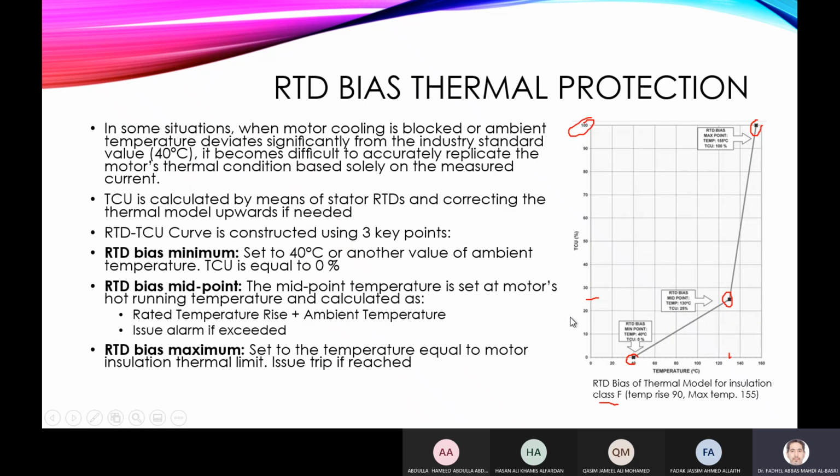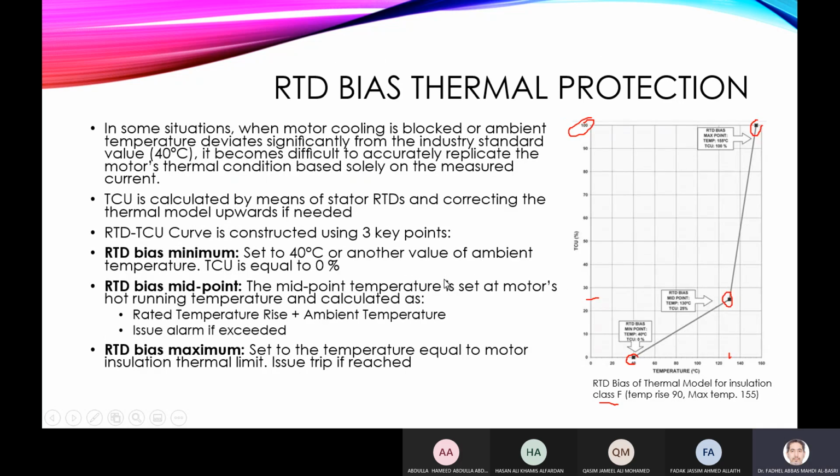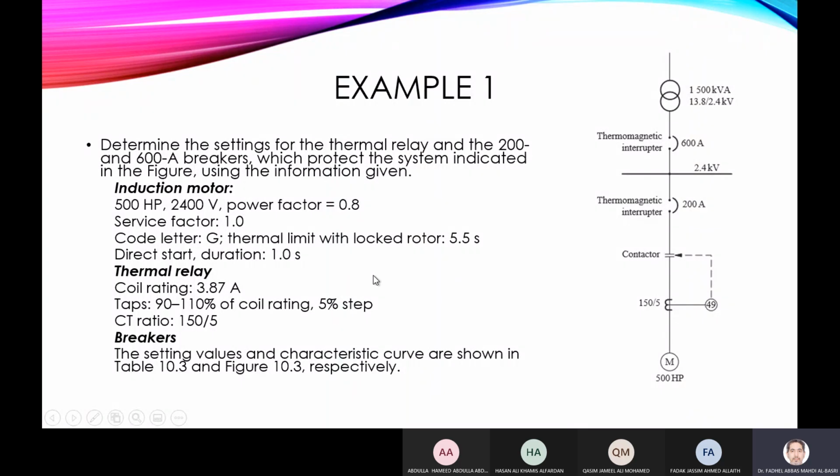What does that mean in the curve? It is this time, the starting current. Once it starts it will accelerate to reach the steady state. So the time for the motor to accelerate and reach the rated speed is 1 second.